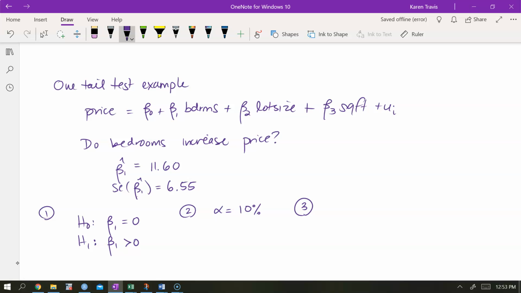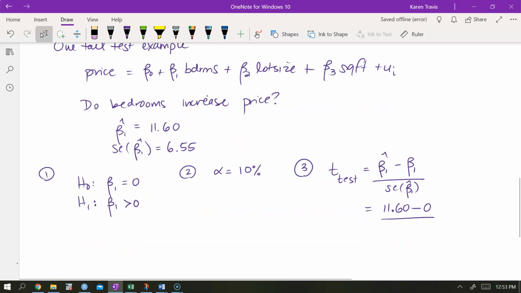Then we're going to have our t-test. It's found the same way as a two-tailed test. Makes no difference. We'll have 11.6. We'll still have 0 because that's what's in the null and alternative. And our t-test is around a 1.77.